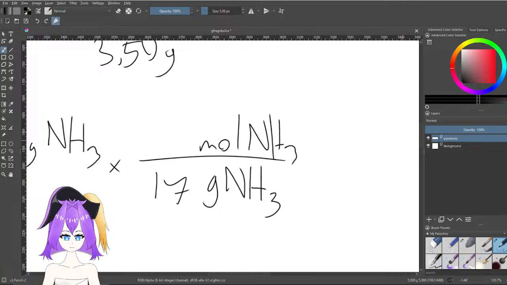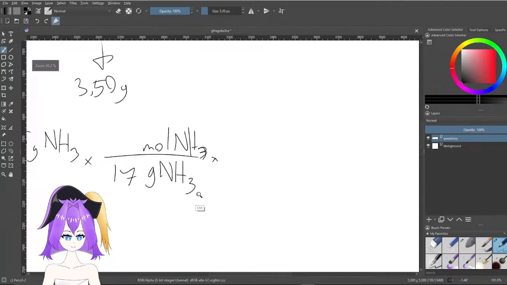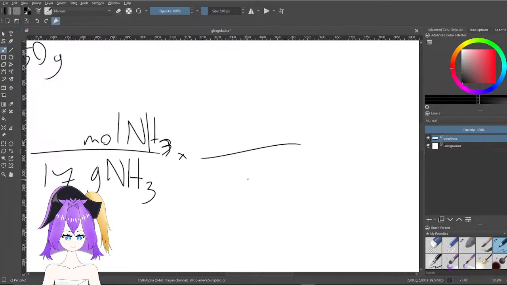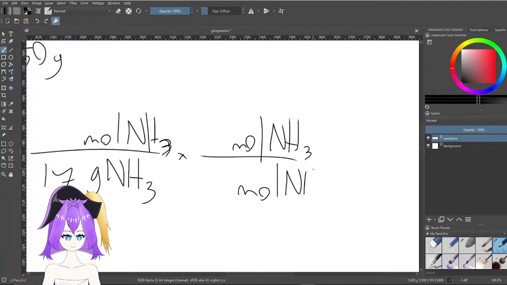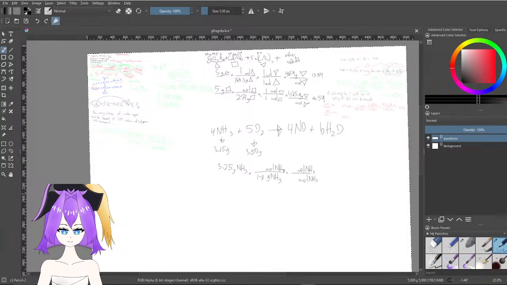Hold on, I'm just messing around with my tabs. There we go, moles, mole ratio, moles of NH3.